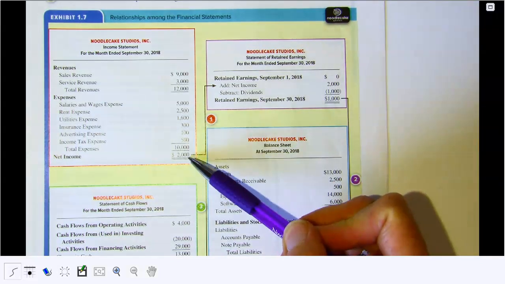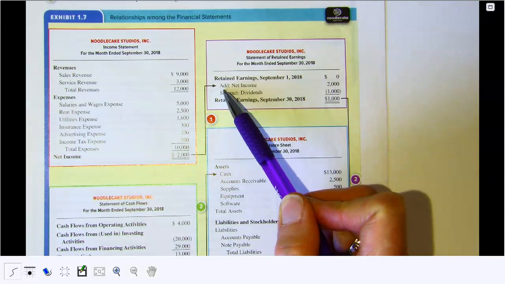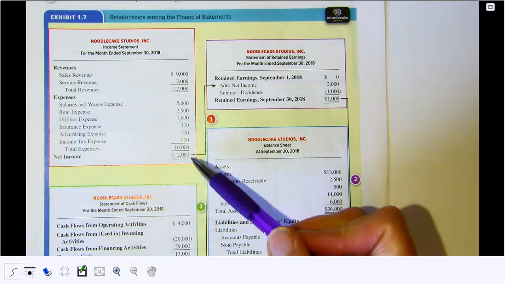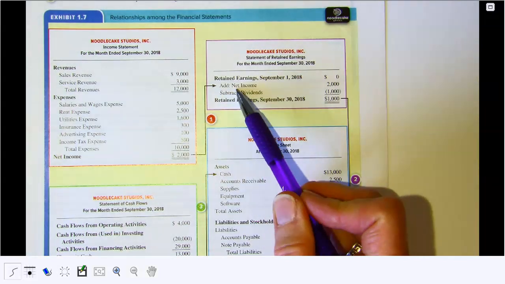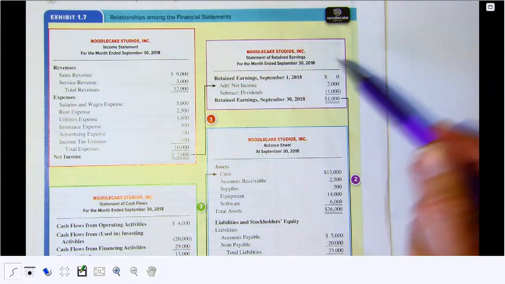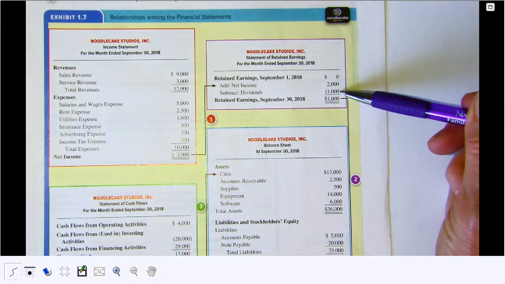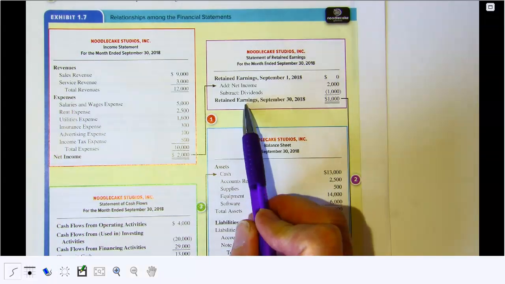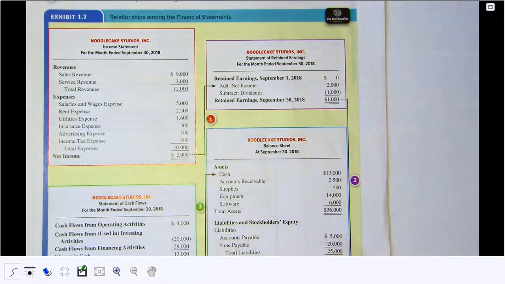That amount of net income goes on to the next statement, the statement of retained earnings. Beginning retained earnings, plus the net income from this period, less the net income that we gave away as dividends, gives us our ending retained earnings balance. Remember, your earnings are the same thing as your net income or your profit.